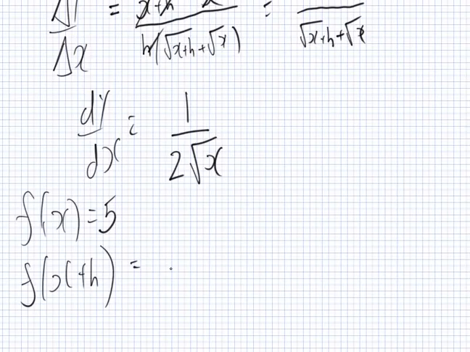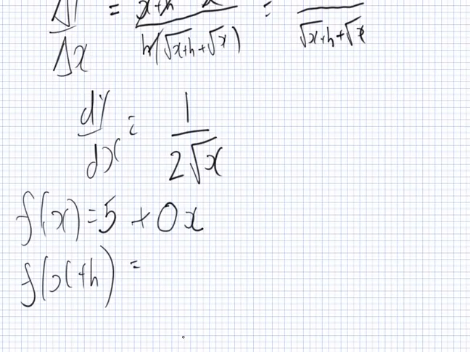Now, why is it 5? Well, if you just think for a moment, does this have any x in it? No. So you could say, if you really want to force an x into it, it's 5 plus 0x.